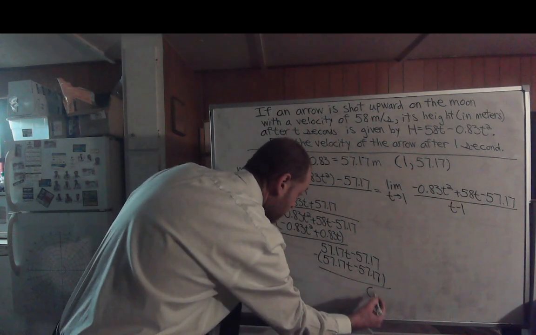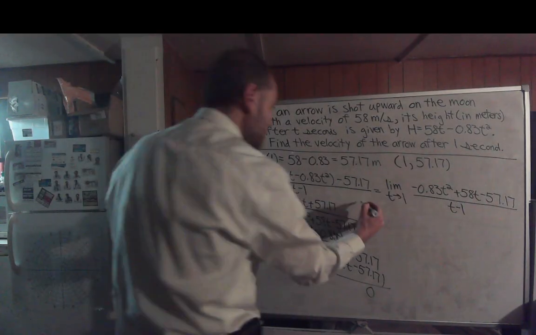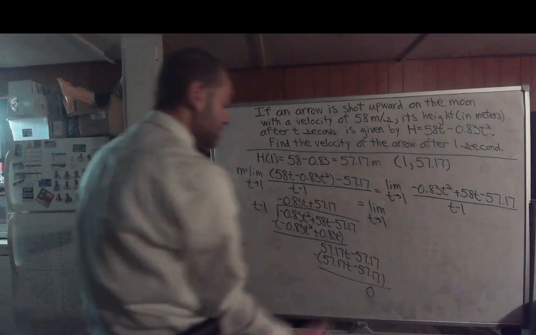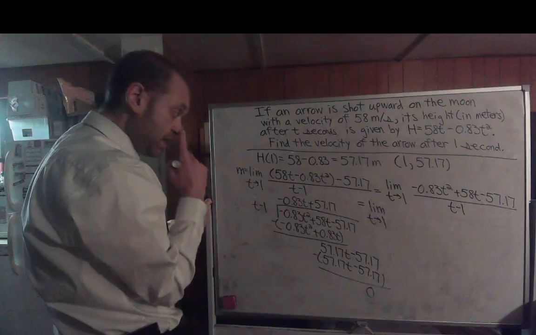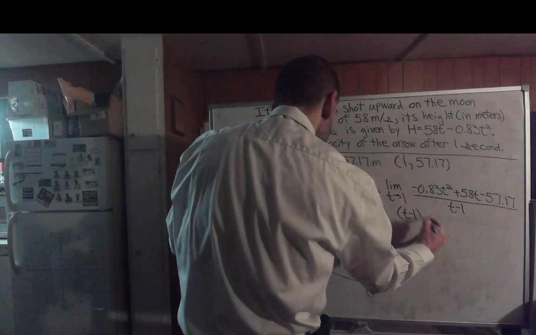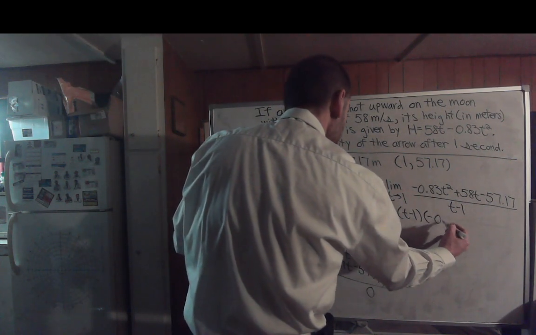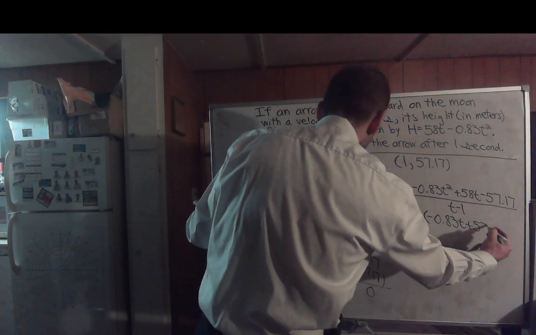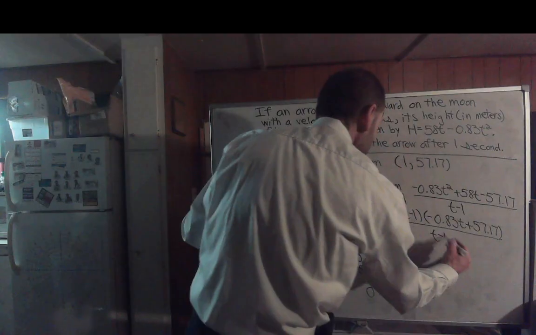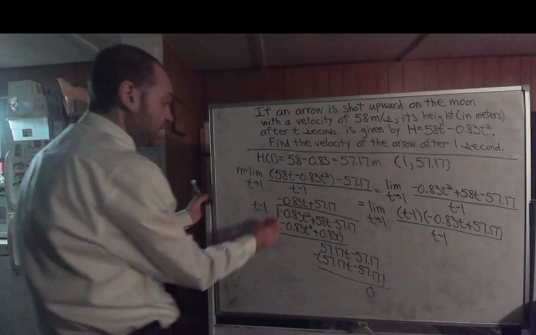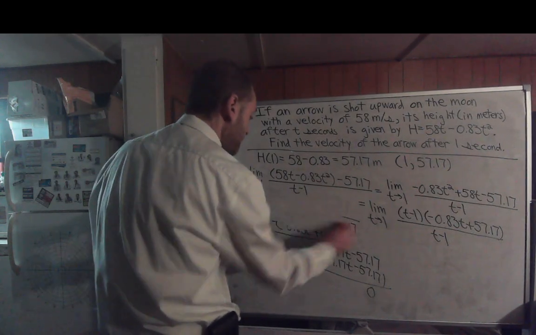Looks like we have no remainder, so this worked. This will turn into the limit as t approaches 1 of t minus 1 times negative 0.83 t plus 57.17 divided by t minus 1. Well, your t minus 1s are going to cancel out, so that made your life a lot easier.